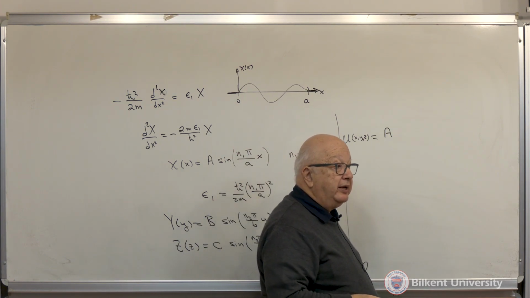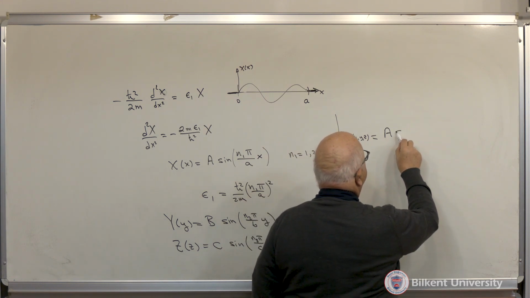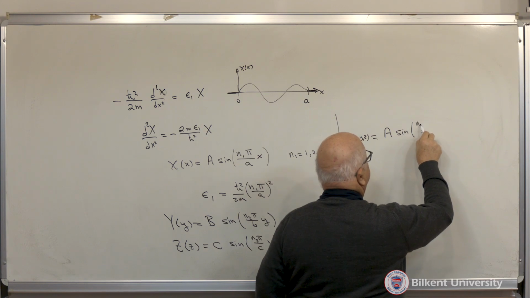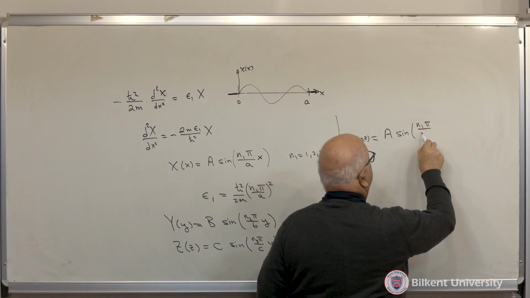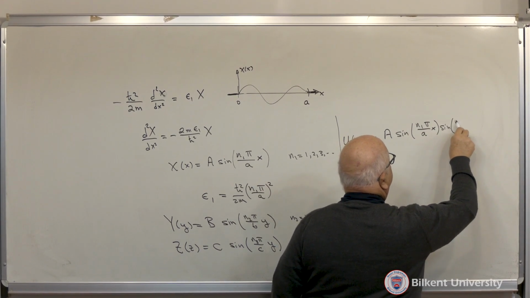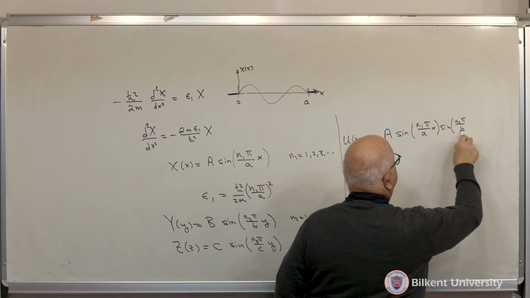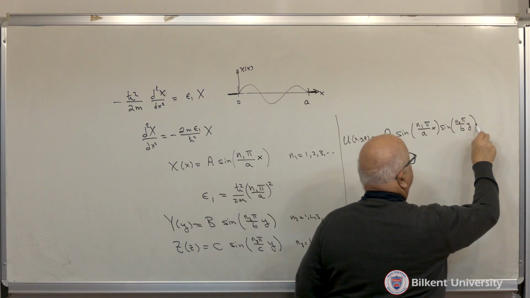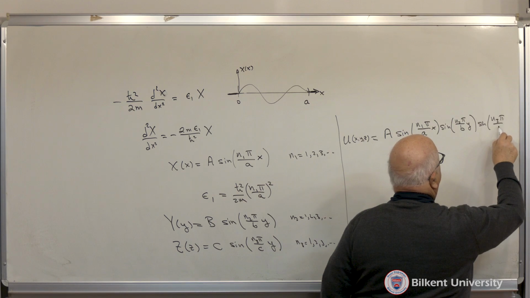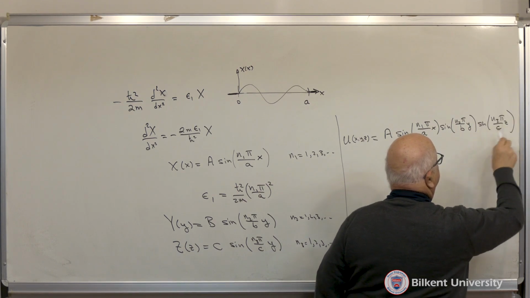So I'll have A sine n1 pi over a x, sine n2 pi over b y, and sine n3 pi over c z.